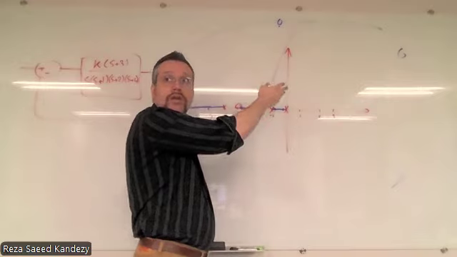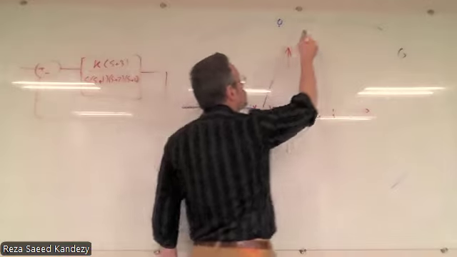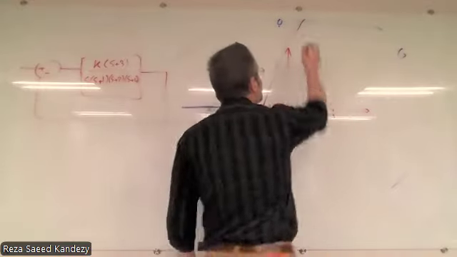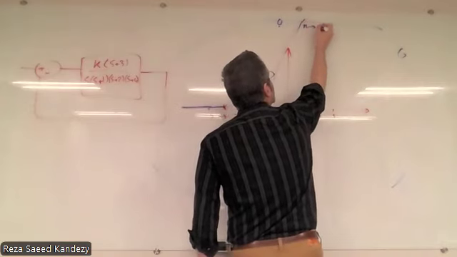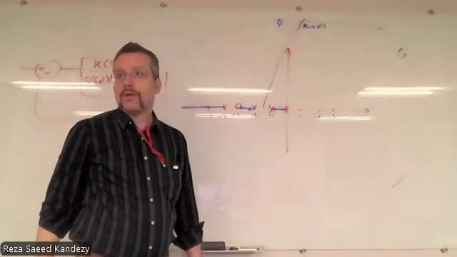It's an unknown line. But based on the assumption, this line should touch the curve when K goes to infinity. Are we good?